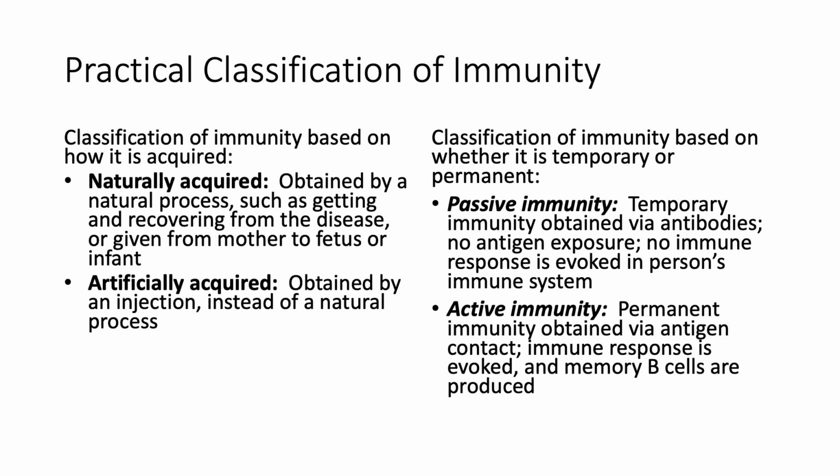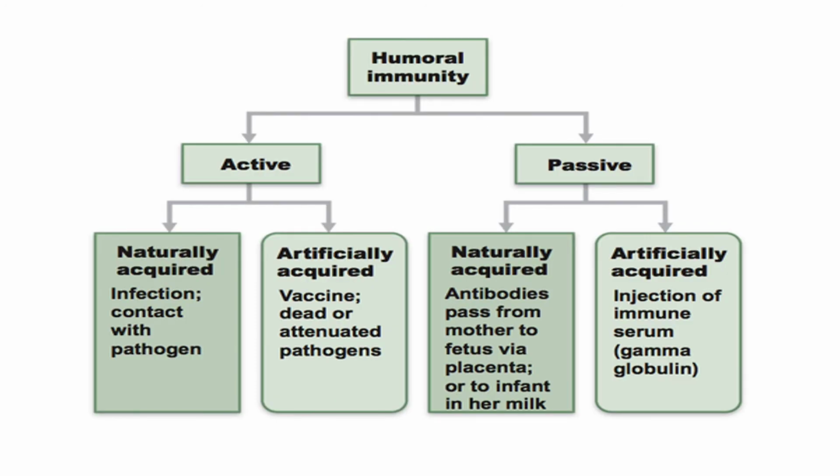Active immunity means permanent immunity, obtained via antigen contact. An immune response is evoked and memory B cells are produced by that particular person. In summary, humoral immunity has two types, either active or passive.